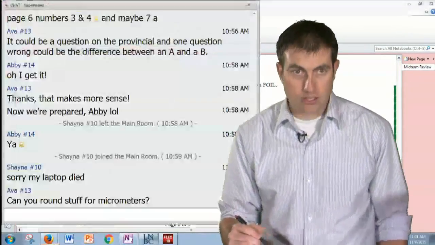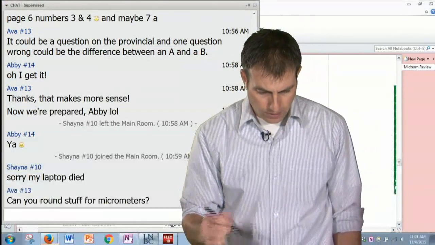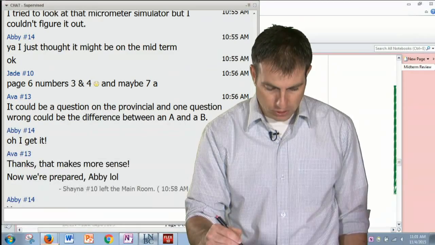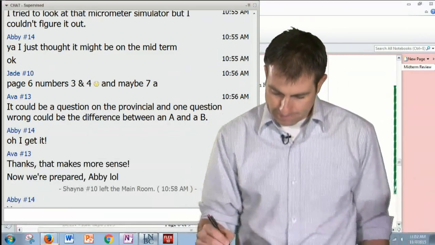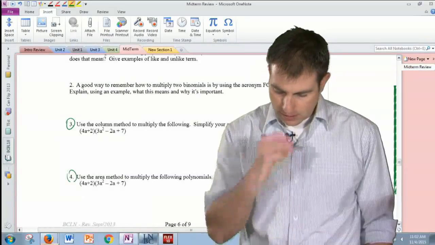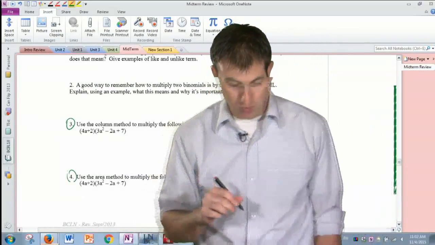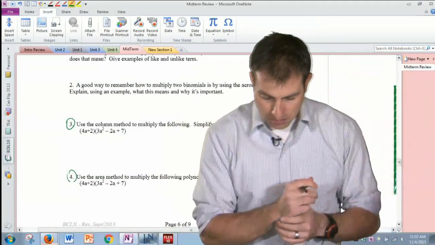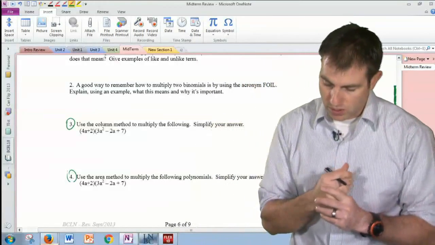Am I getting that right? Is it Jade? Page 6, numbers 3, 4. And then 7A, I assume that's on the following page. Okay. So these are asking for the column method and using the area method.